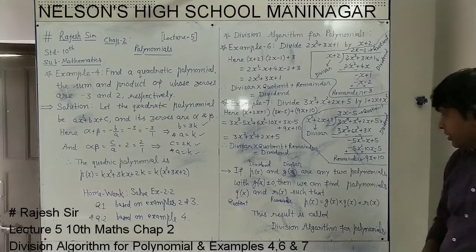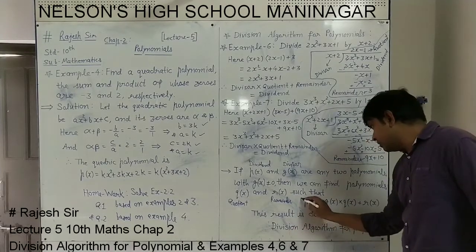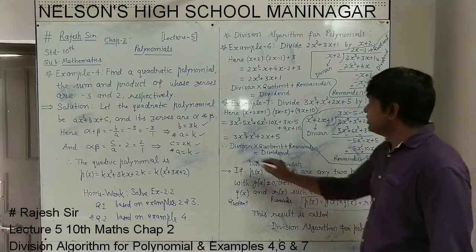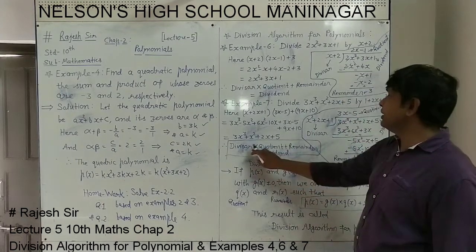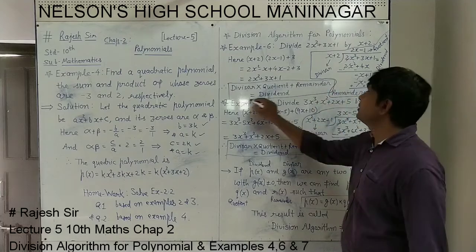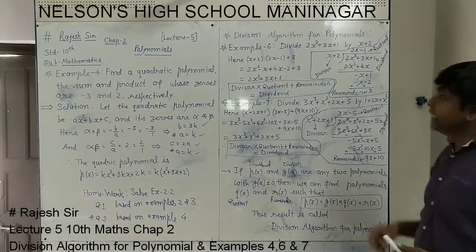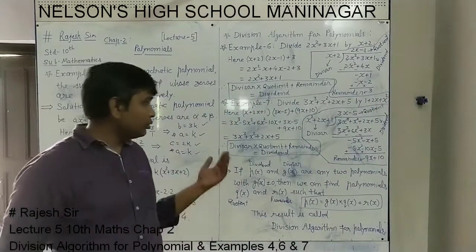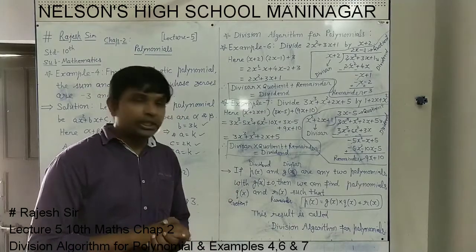This result is called the division algorithm for polynomials, and this we have to remember: always dividend equals divisor into quotient plus remainder. This is the result actually. It is called the division algorithm for polynomials. With the example we have understood, and we have to write it down, understand it, and learn it. In the coming examples and questions, you will be asked related to these.